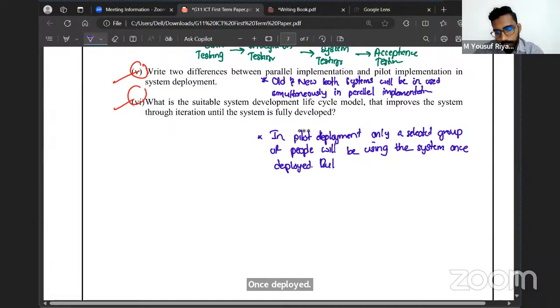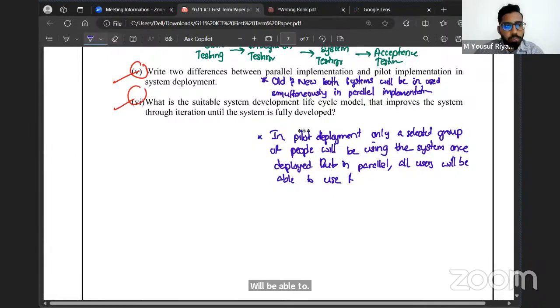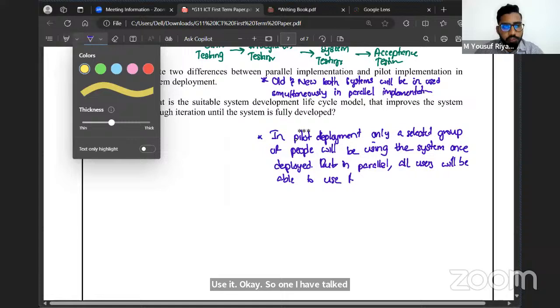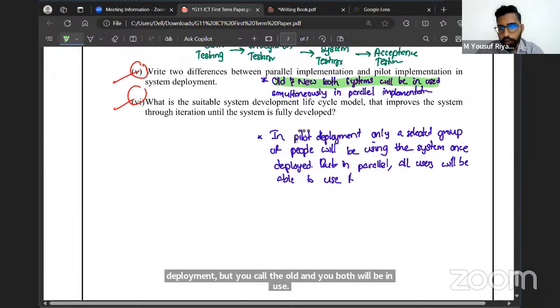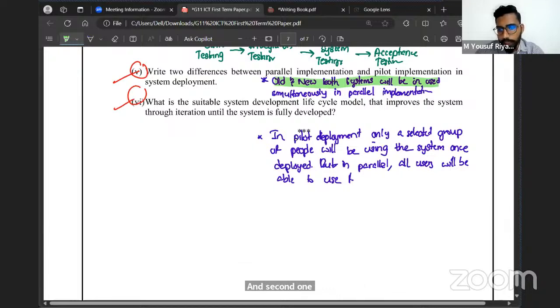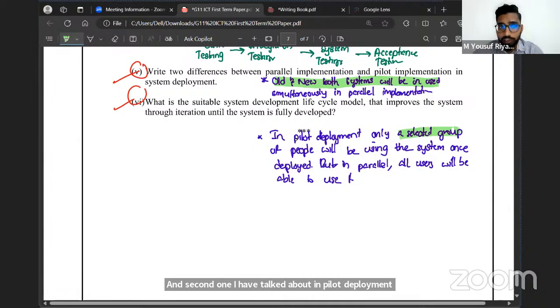But in parallel, all users will be able to use it. So one I have talked about in parallel deployment, the old and new both will be in use. And the second one I have talked about in pilot deployment, only a selected group can be using, but in parallel, everyone will be able to use it after it's deployed. Is that clear up there?